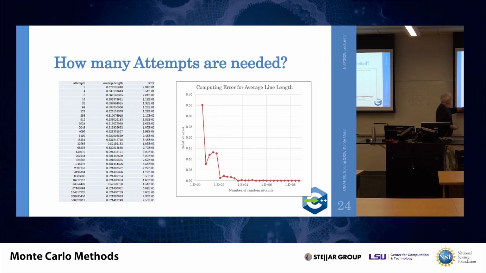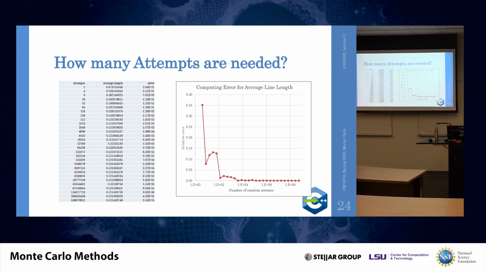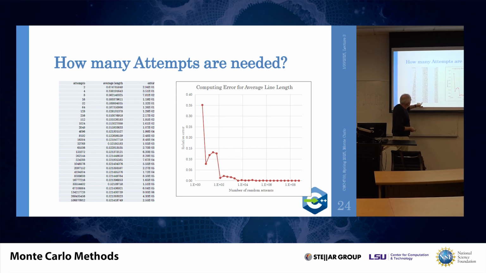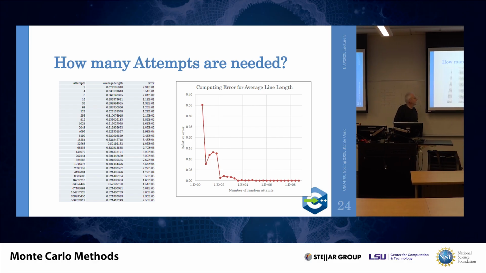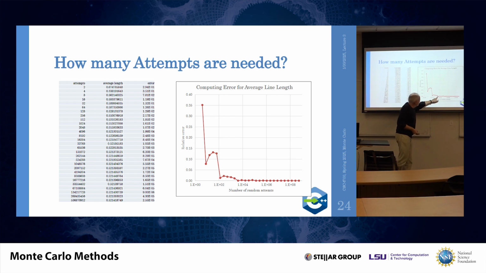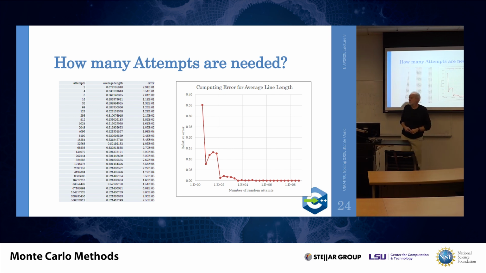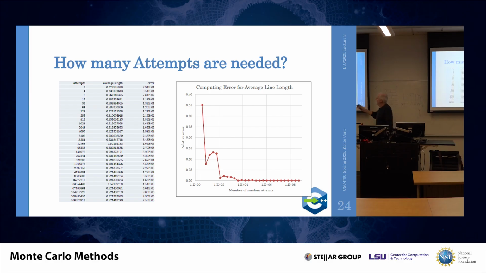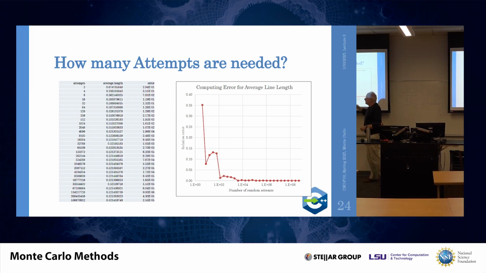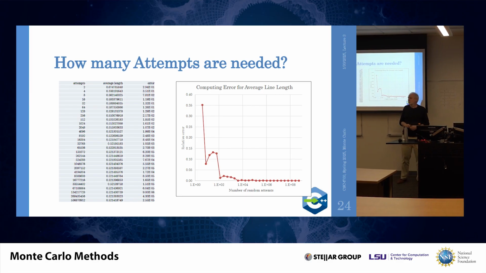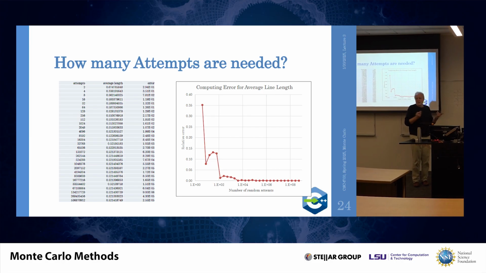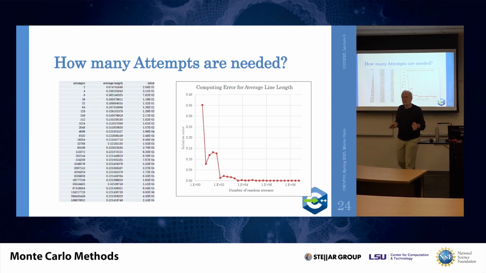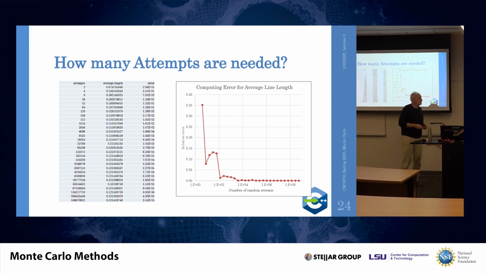Just a table I collected, and you see that when I have, I don't know, 500 million attempts, we get very close to about 2 times 10 to the power of minus 5. So you see that at a certain point, it actually doesn't get much better. So you can use this kind of graph to assess that probably 10,000 attempts is good enough for our purposes, right? Any questions so far? Very simple code. I just wanted to demonstrate that.